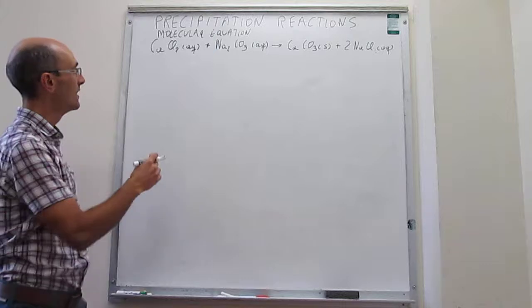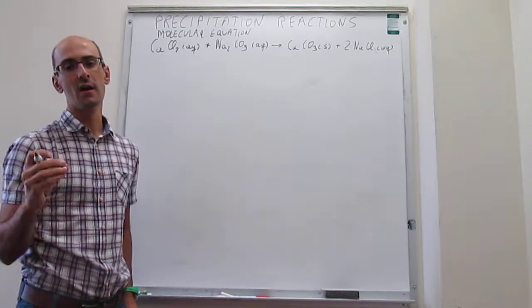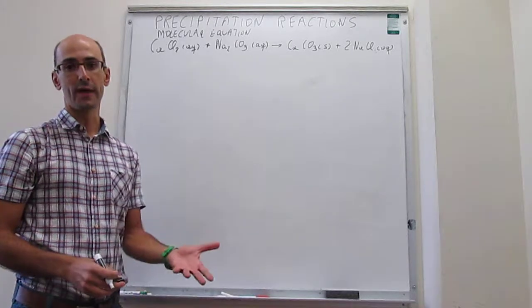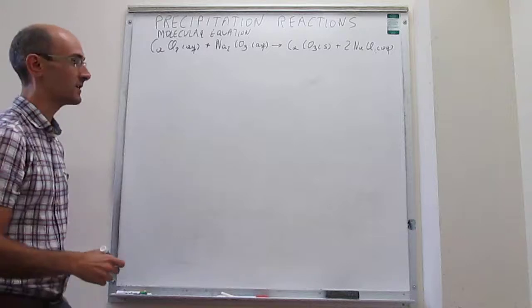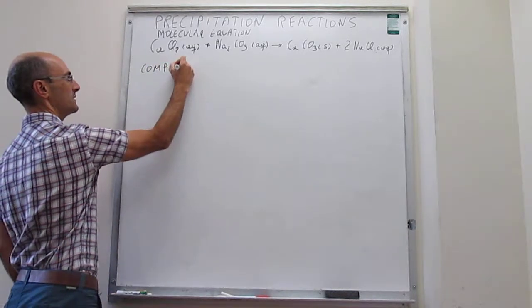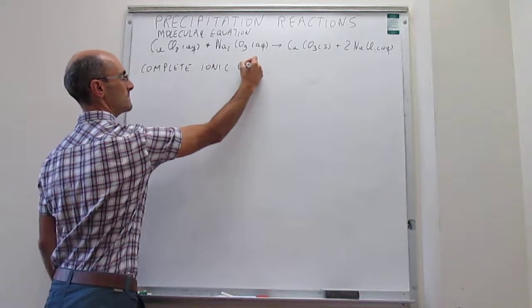As it turns out, calcium chloride is an ionic solid, but when you put it in water, it dissociates into its constituent ions. So in reality, what you have in solution is the following. I'm going to write here the complete ionic equation.